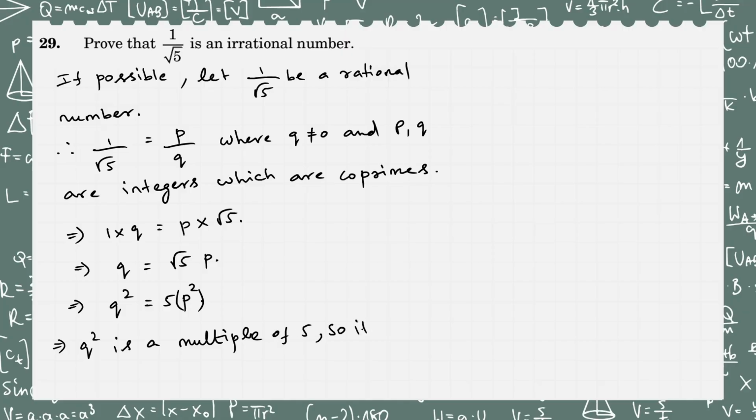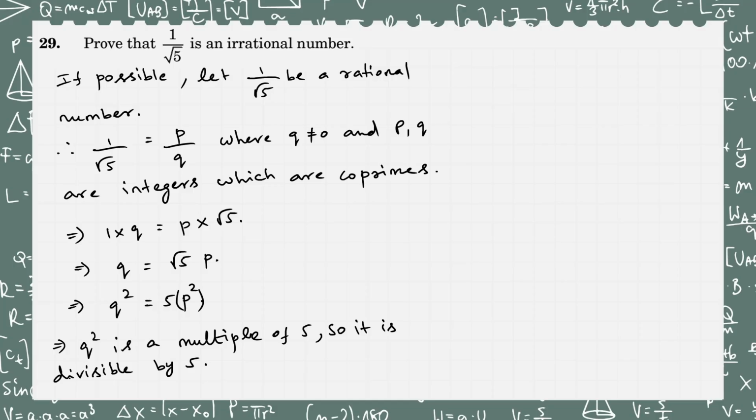So it is divisible by 5. What we said is q square is divisible by 5, and we have already proved in a theorem that whenever a square is divisible by a prime, then a is also divisible by the same prime.